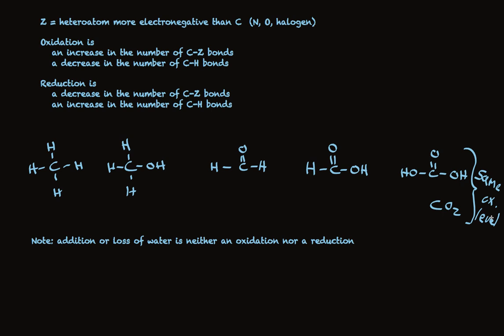You're a lot better off if you know whether it's an oxidation or a reduction, and then pick the reagent from the list of oxidizing agents, reducing agents, or those things that don't cause either. So your success on exams, like success in the laboratory, will be far greater if you're good at determining whether transformations are oxidations or reductions.